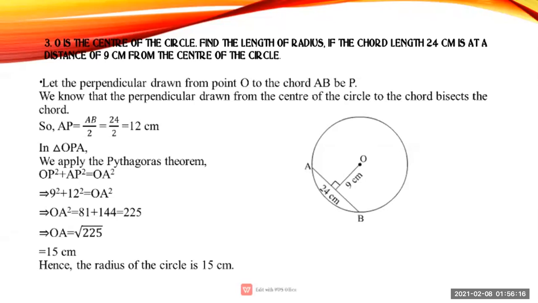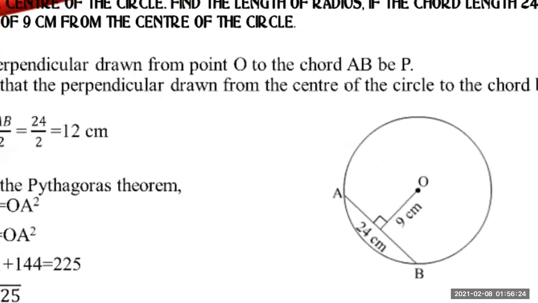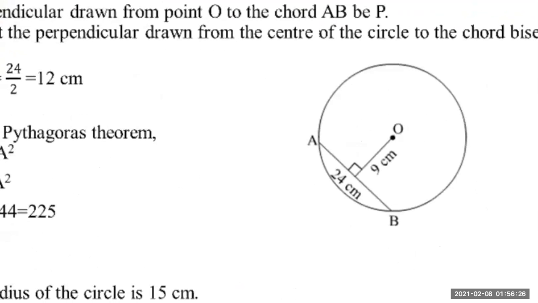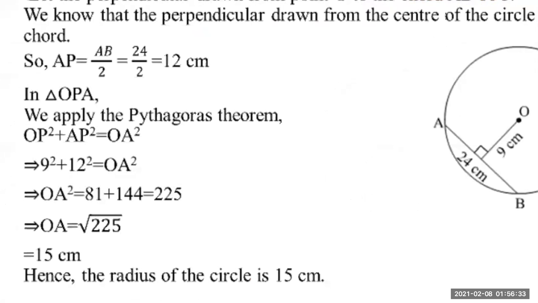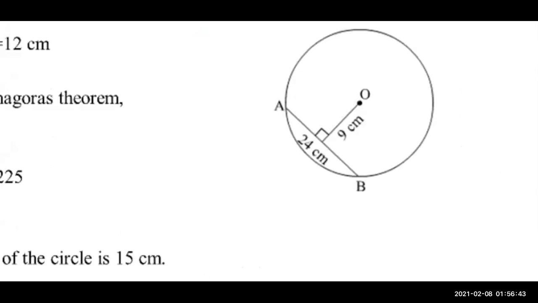Now you can see over here, given the center, AB is our chord which is 24 centimeter, and the distance from the center is 9 centimeter.